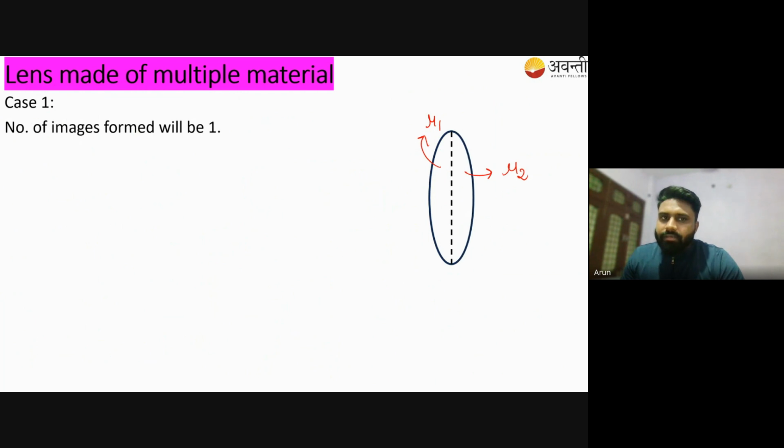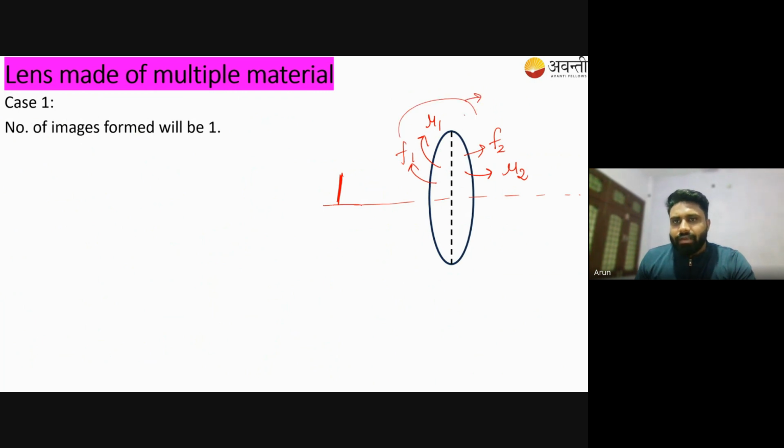Okay. So how many images will it form? Look, if you see, the principal axis of this lens is not going to change. So if the object is present here, we have just combined two lenses with focal lengths, say f1 and f2. The system will have some equivalent focal length, f equivalent, where 1 upon f equivalent is equal to 1 upon f1 plus 1 upon f2.